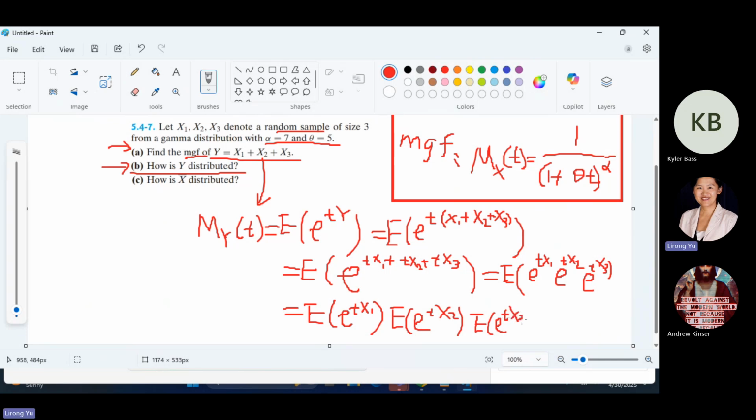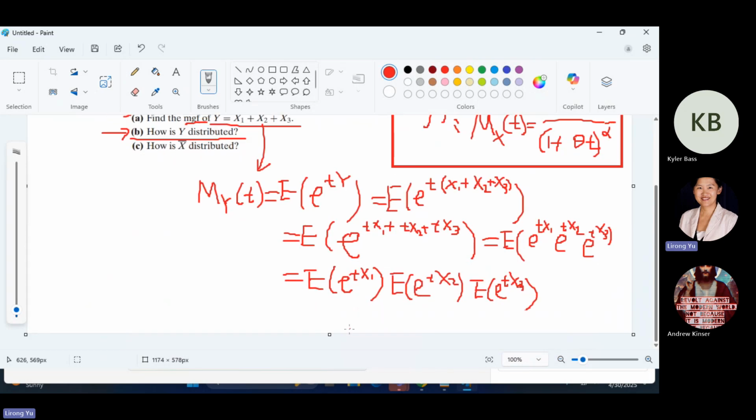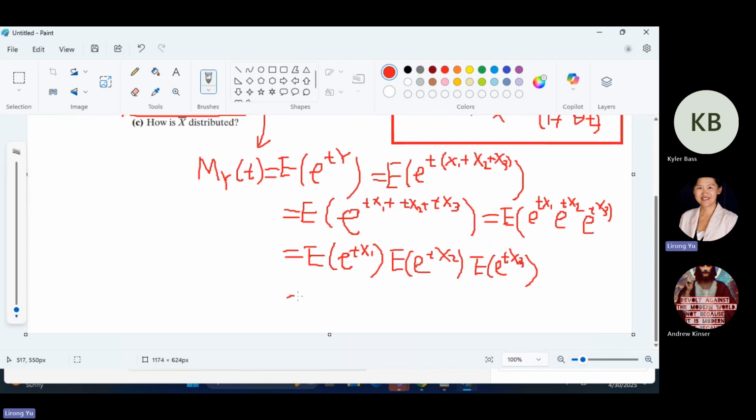But these are all x variables. They have the exact same moment generating function. So essentially this is equal to M_x(t) times M_x(t) times M_x(t). Since they're from the same distribution, this is really M(t) cubed.